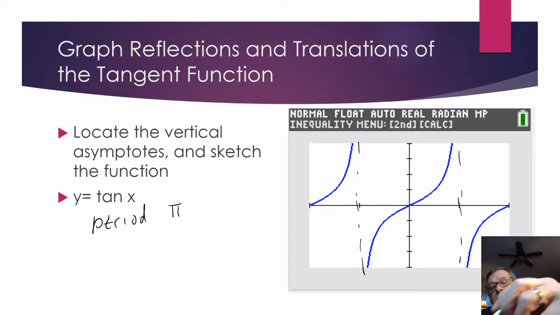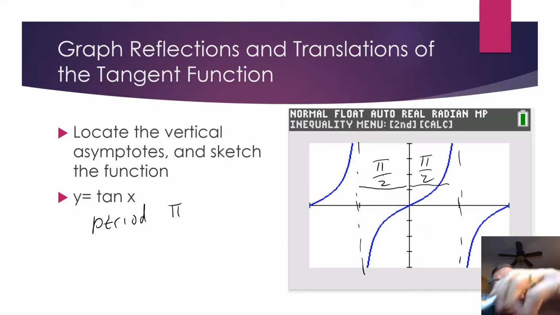But if I think about the period, and of course, period thinking about a distance, well, the distance between this and the vertical axis is pi over 2. And from one asymptote to the other is also pi over 2.